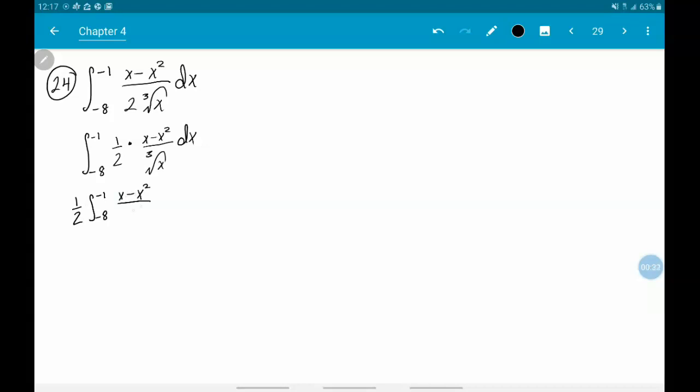Now, a cube root of x can be rewritten as x to the 1/3. So then what we're going to want to do is simplify what's going on. Remember, there is no quotient rule for integration, so we need to simplify before we start.